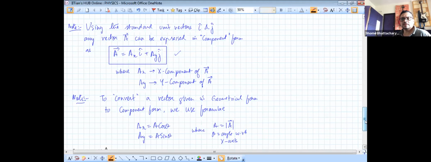Yes, Yuvraj, that is correct. So next we will see that if we know the components of the vector and we want to find out its magnitude, then we can use Pythagoras theorem. That is in fact correct.